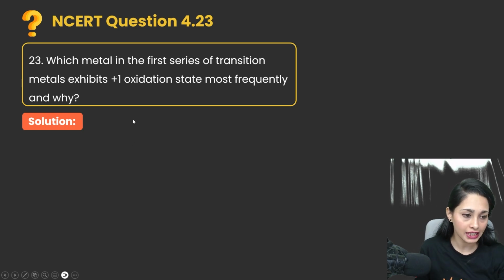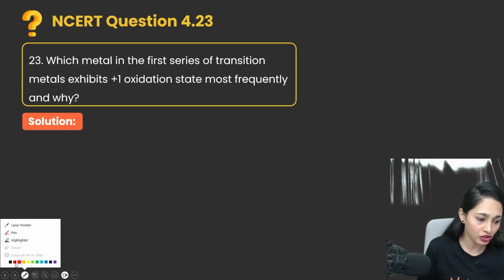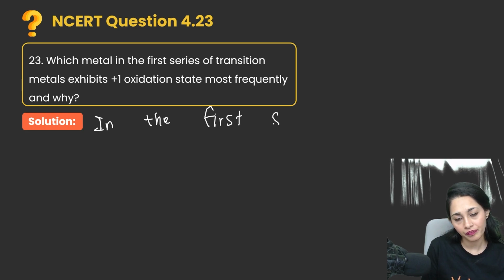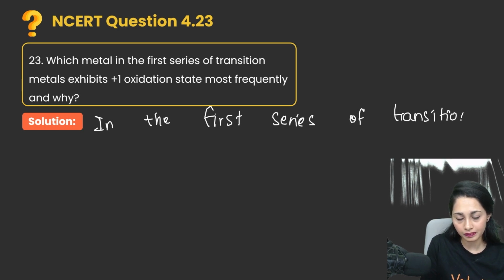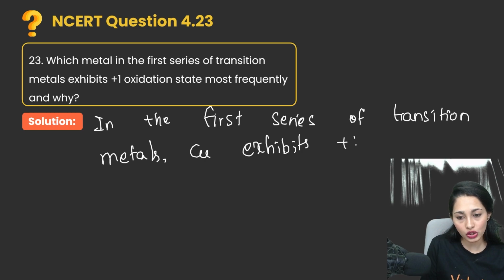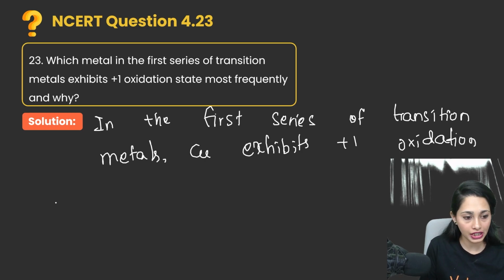In the first series of transition metals, copper exhibits +1 oxidation state very frequently.